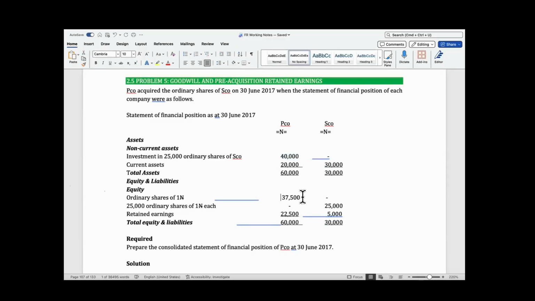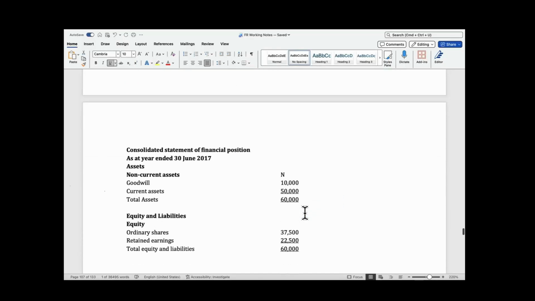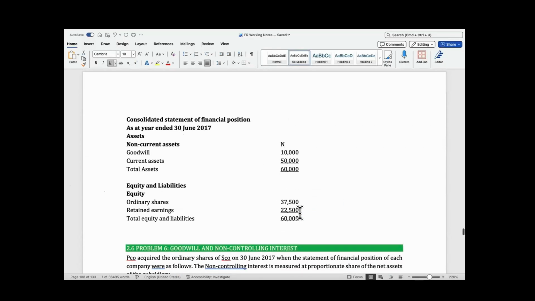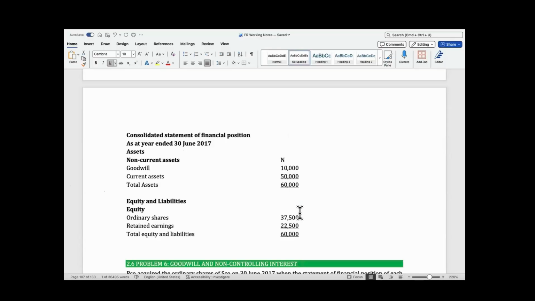The share capital of the parent, you consolidate. Then the retained earnings, this 5,000 has been cancelled out because it is the same transaction with this 40K. Then we only consolidate this 22.5. And that's what we did here.